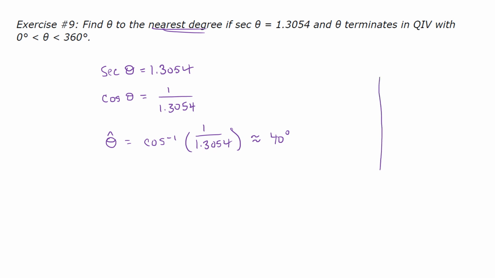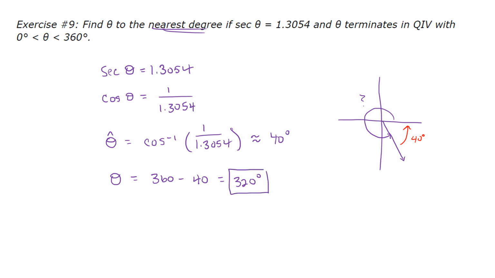So we know our angle terminates in quadrant 4, and our reference angle is 40 degrees. So if we were to find theta, we would take 360 minus 40, which would get us 320 degrees. And 320 degrees terminates in quadrant 4.